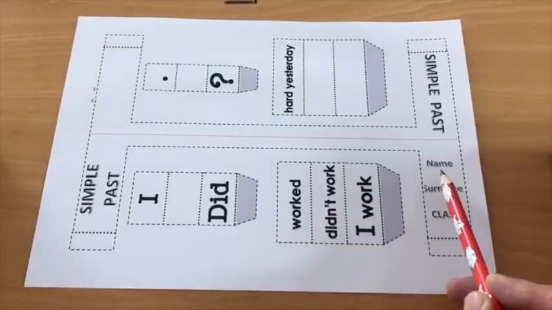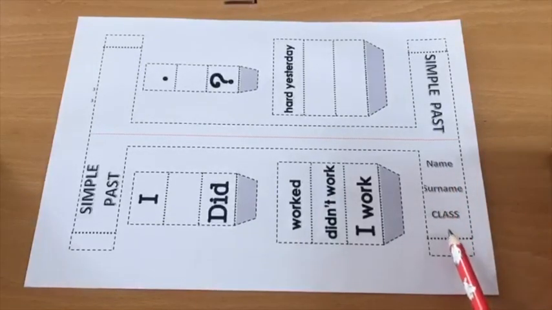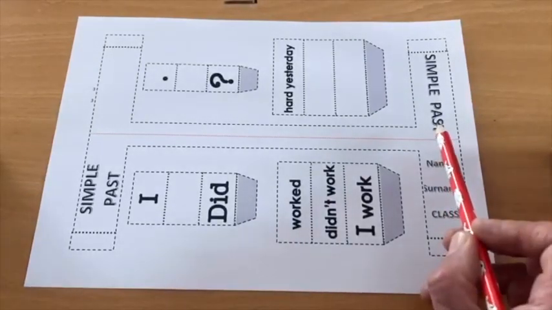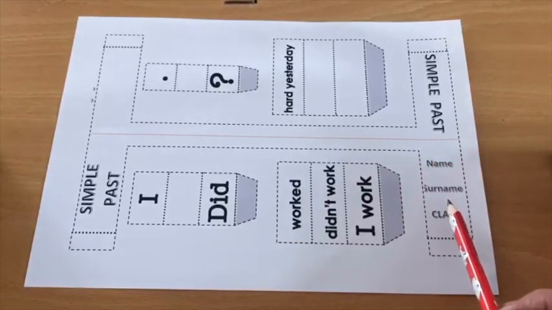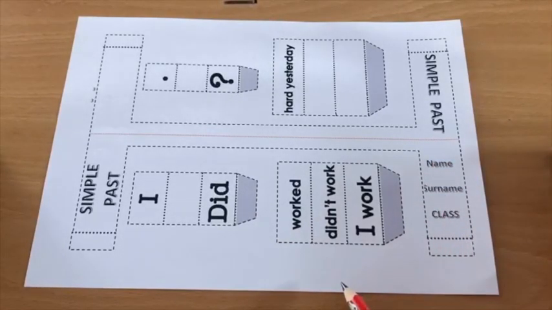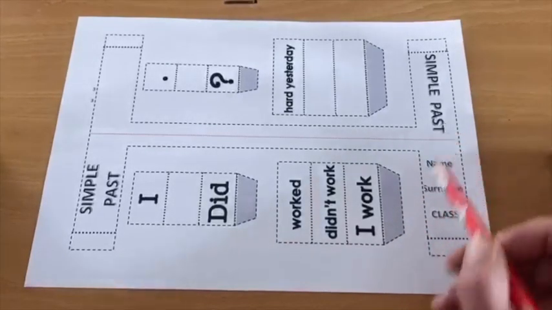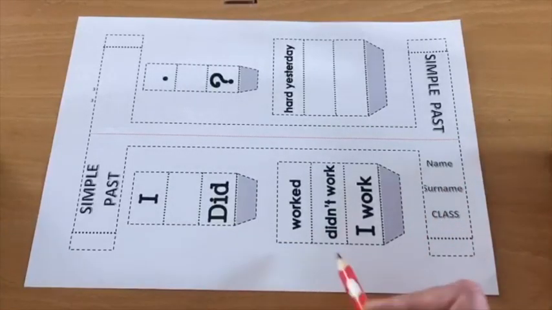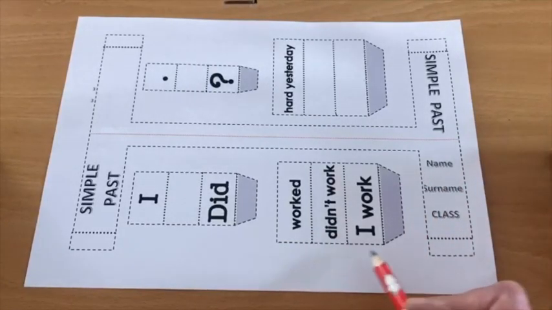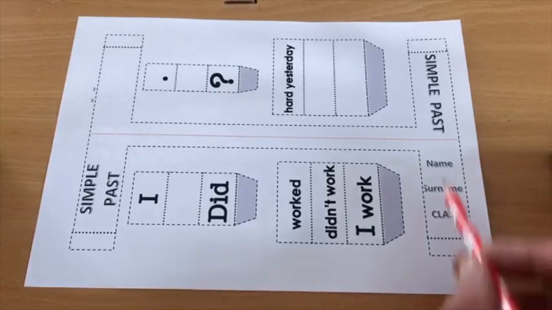Here we have personal information, name, surname, class, the title, simple past, and then we have for the grammar tense, simple past, affirmative, negative is different, and interrogative.